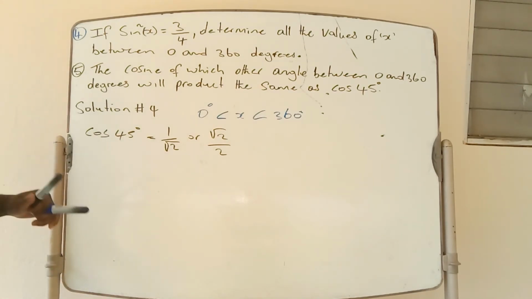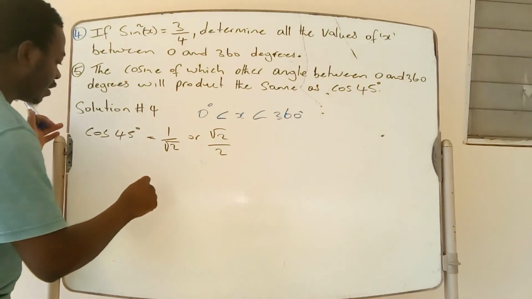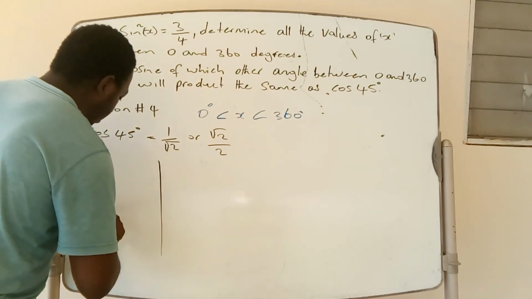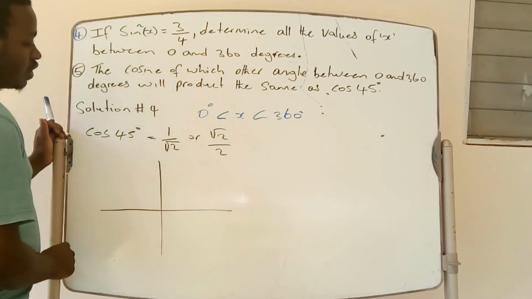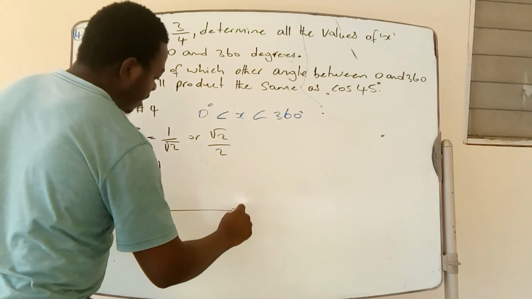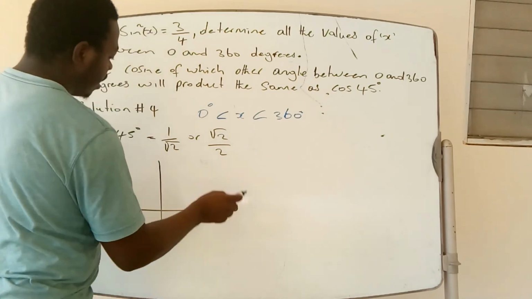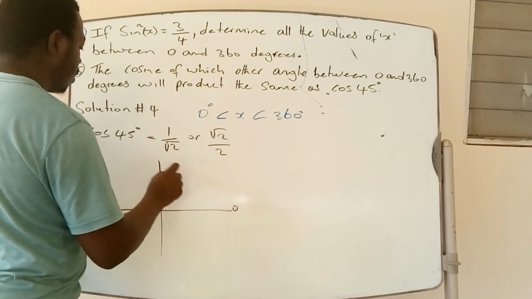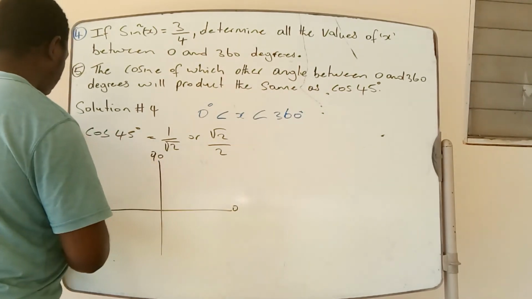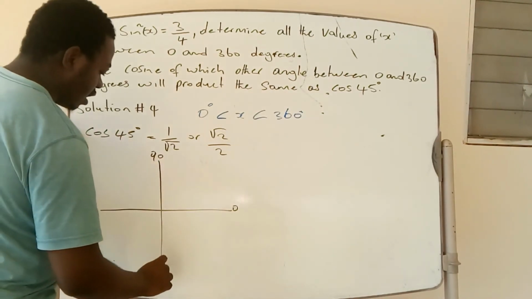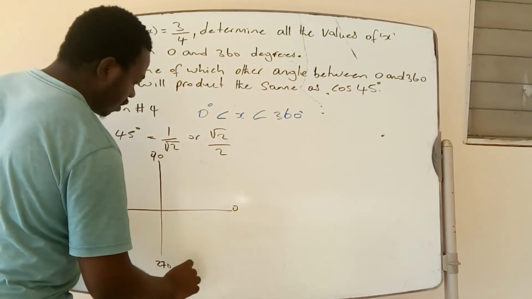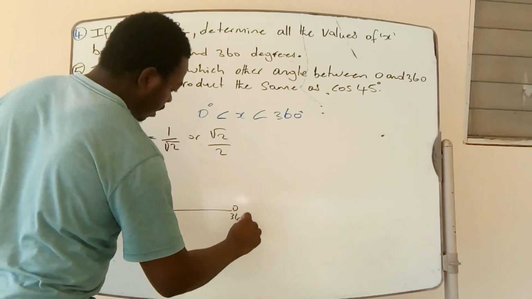Now we want to determine which other angle. How are we going to determine that? We are going to go back to our quadrant, which is this. We know that this is 0 degrees, starting and going this direction, so it's going to be 0, 90, 180 degrees, 270 degrees, right back to 360 degrees.